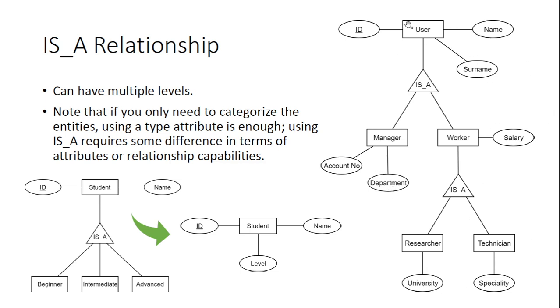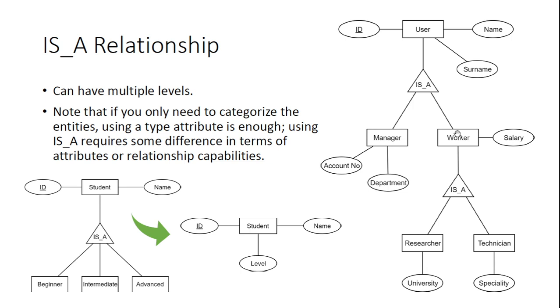In here, what we have is two levels of is a relationship. So we have the user as the parent, and there are managers and workers. Manager is a type of user, and for a manager we have the additional account number and department name. And worker is a type of user, and for workers we are storing salary.